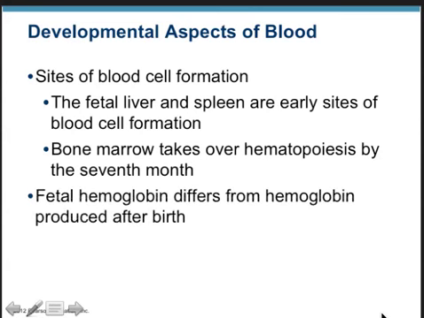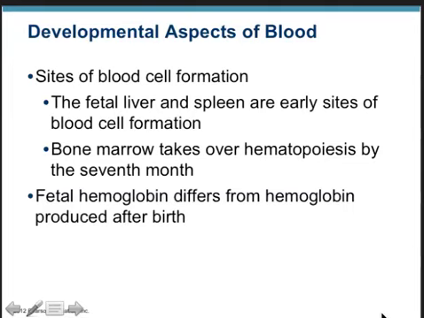Fetal hemoglobin is a little bit different from the hemoglobin that's produced after birth because we use a different gene, called the fetal hemoglobin gene, which is a little bit better at binding to oxygen than adult hemoglobin is.